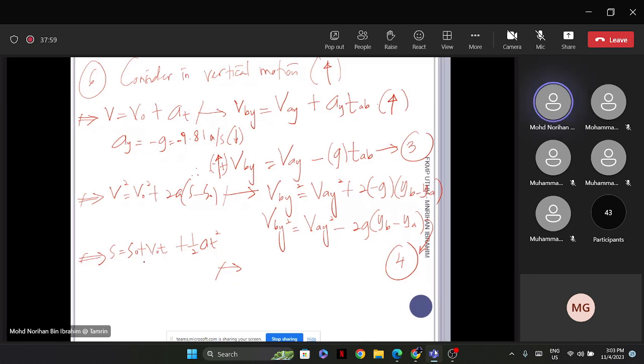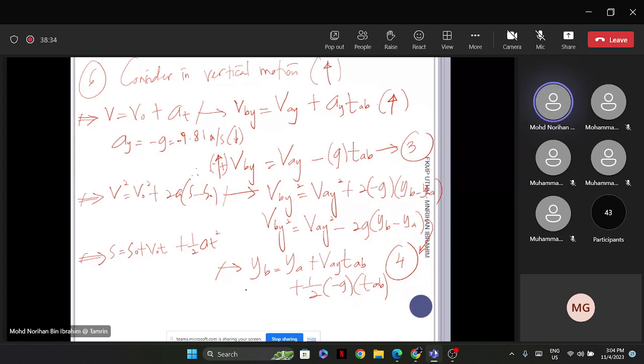S minus S naught, this one is YB, equal to YA plus VAY TAB plus half negative G TAB.